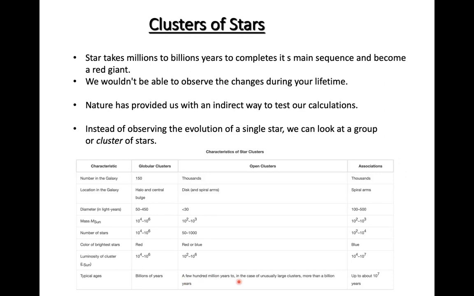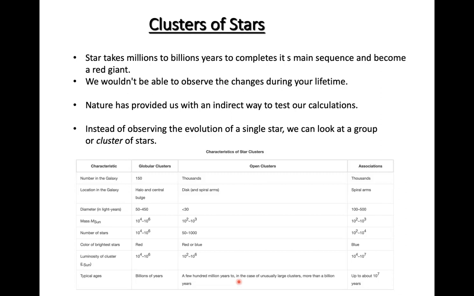So the take home message here for you is you can now understand how we make these HR diagrams and how we study these different properties of different stars, even though they have a huge lifetime compared to us. The answer is we actually use star clusters to study different properties of the stars. And there are two types of star clusters, globular clusters and open clusters.